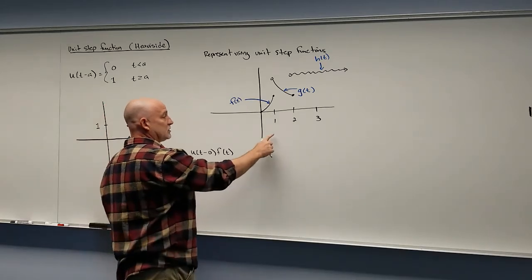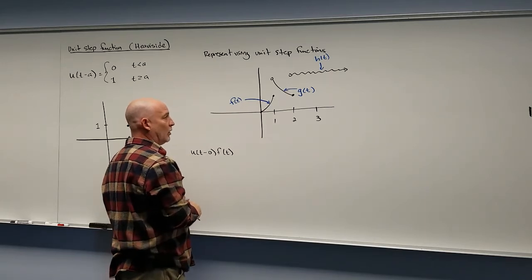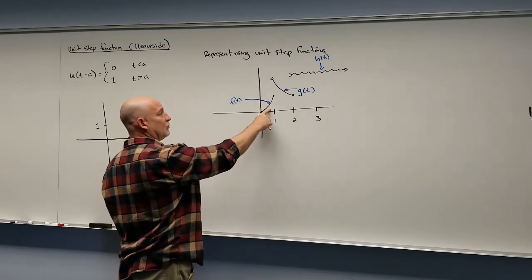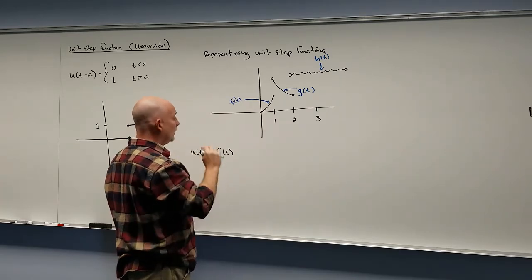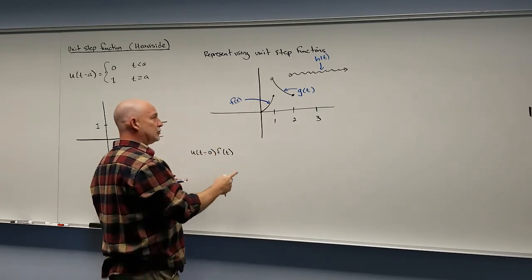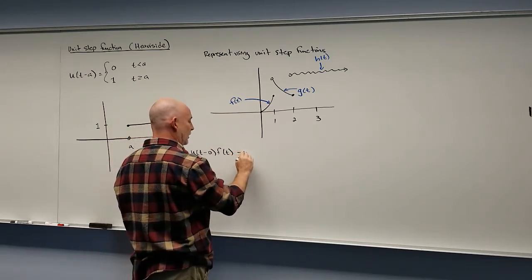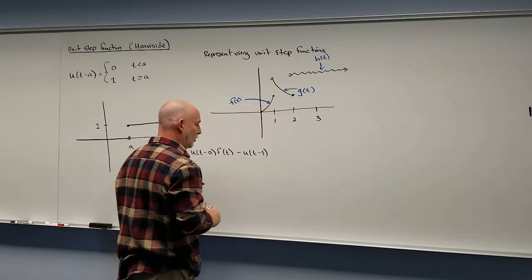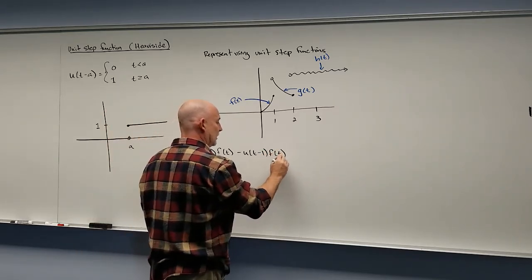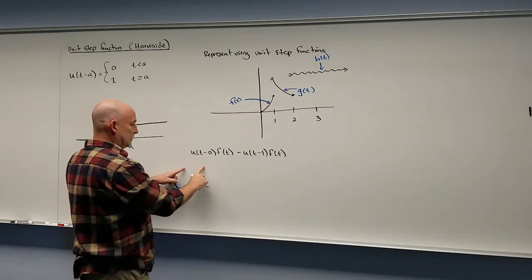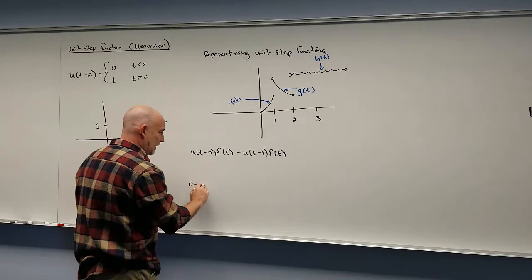Now, the next time we want something to happen is at the number 1. What do we want to happen at 1? We want f of t to disappear and g of t to start. So to do that, you kind of got to do 2 things. I got to make f of t disappear. Now, I want this to happen at 1, so I know I'm going to use u of t minus 1. Now, notice I'm going to take away whatever f of t is. So notice, what do we have now? Here we're starting at t equals 0, and we're heading this way.